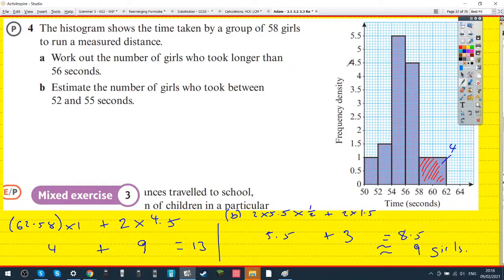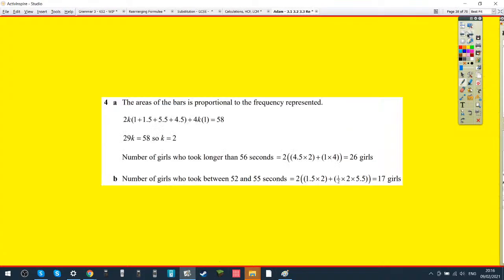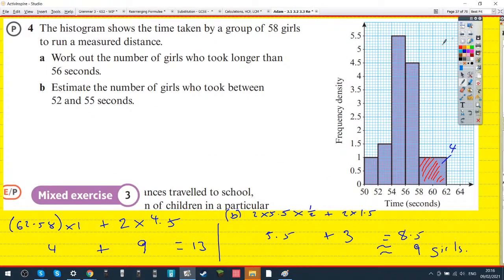No. Well, that's one way you can do it. They multiply everything by 2k plus 4 times... Wait, 1.5, 5.5... Oh, so just put them all together. You basically have to find the total area of everything.